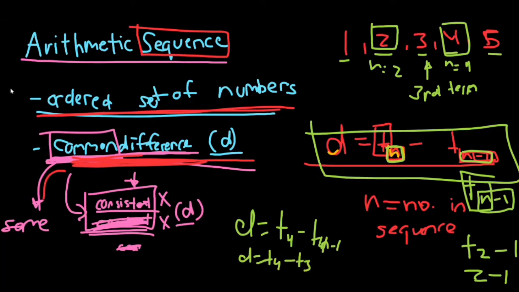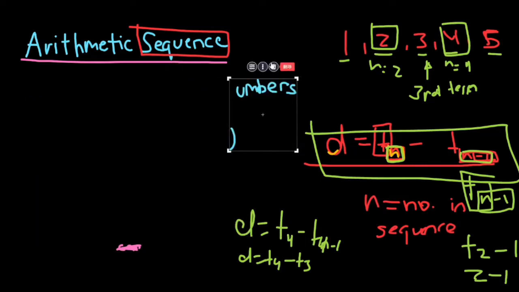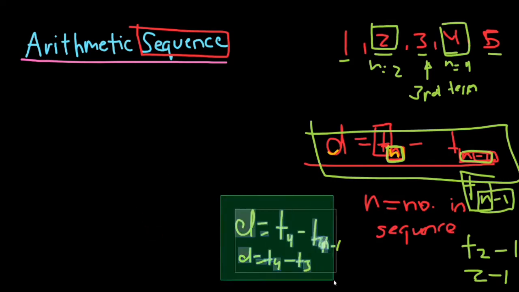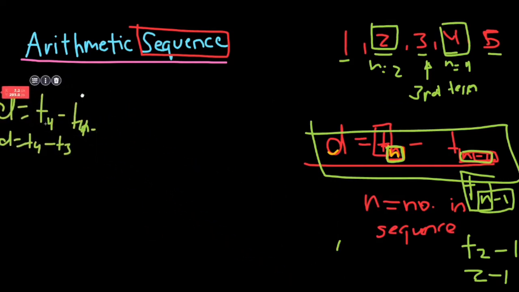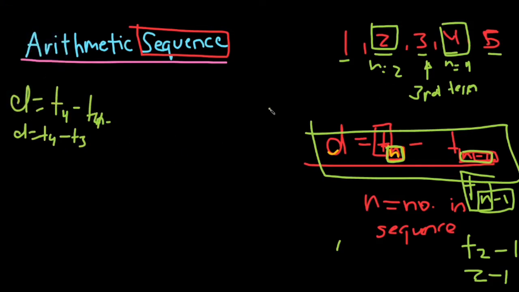Well, that actually means the fourth term is taken away from the third term. And we know the fourth term, which is n equals 4, this is 1, 2, 3, 4, the fourth term of the sequence, because it's the fourth number of the sequence, is 4. So d is equal to 4, take away the third term, which is 3, take away 3.